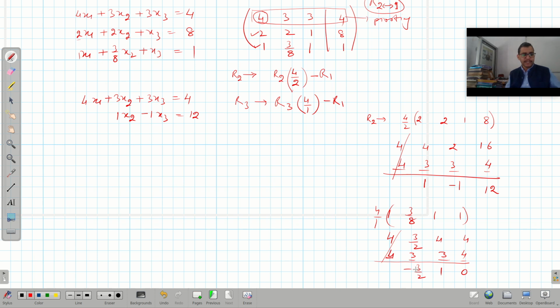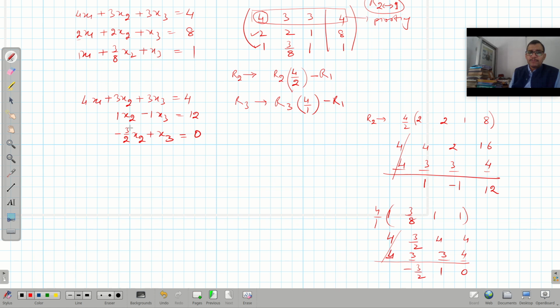So that's what we are getting here. Right. So it will become minus 3/2 x2 plus x3 equal to 0.